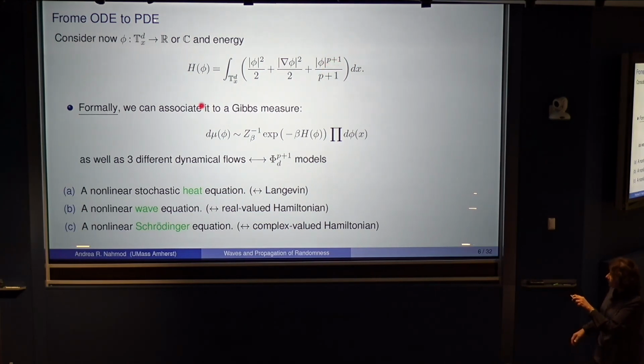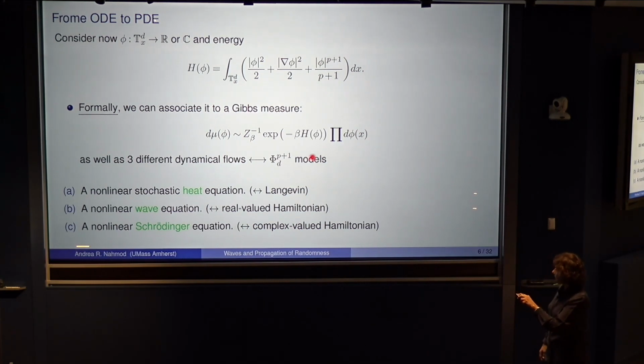And so formally, we can also associate to this energy a Gibbs measure. I say formally because here you have kind of an infinite dimensional Lebesgue measure, which is total nonsense. And that measure will look like that.